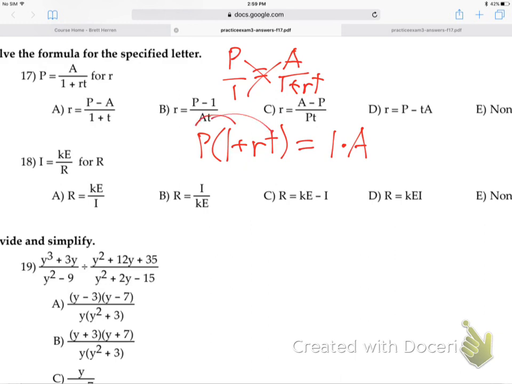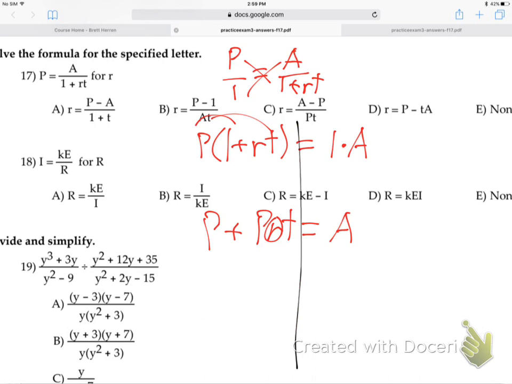So distribute. So P plus PRT. 1 times A is just A. So P times 1 is just P. We get to here, we got to remember what the ball is. Got to keep your eye on the ball. Who's the ball here? R. So we got to get the R alone. Here's the wall. R is saying, I want to be alone. Get rid of all this stuff that's with me.